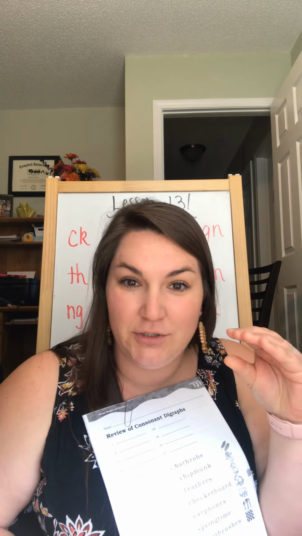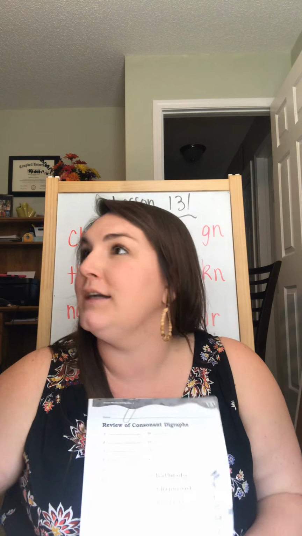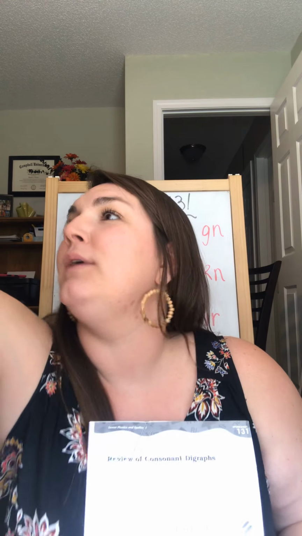Let's review what those sounds are, and then I want to see if you remember without the cards what the keyword picture was on our cards. So, for example, if we were talking about diphthongs, and I would say oi says oi like, and then I wanted you to remember toy.